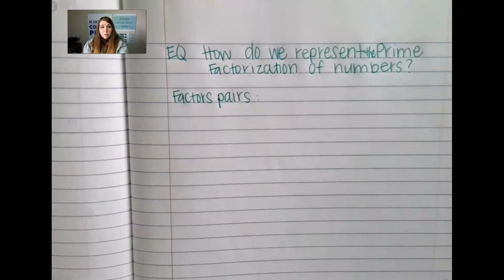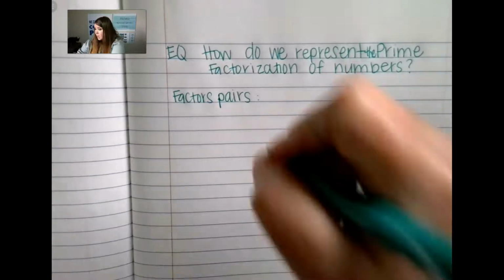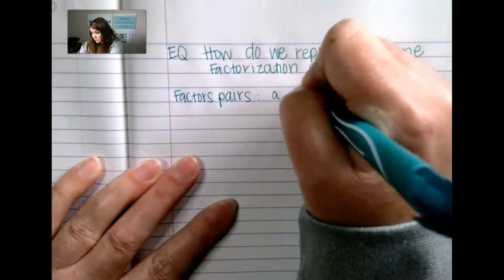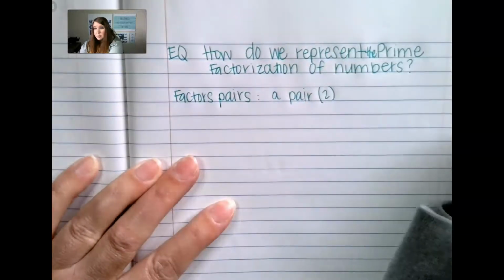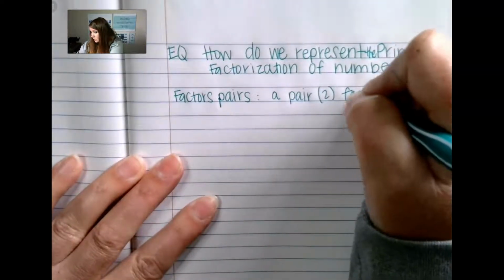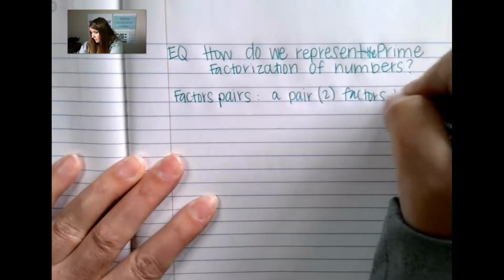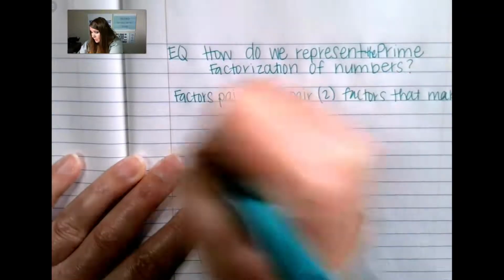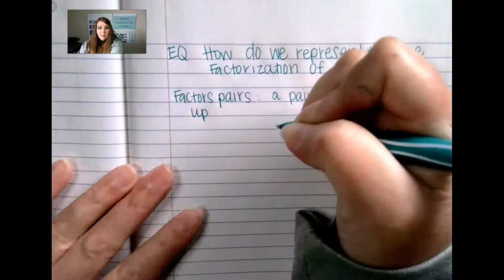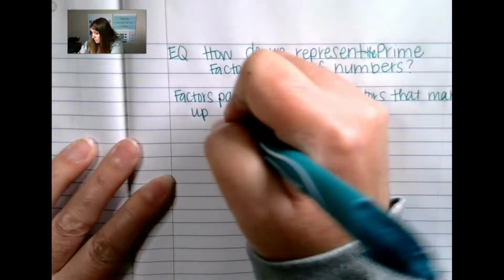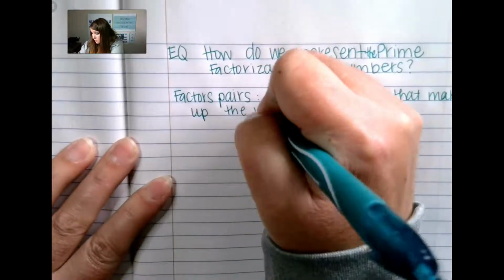Our factor pairs are a pair, two factors that make up the product. It makes up the number you're looking for.